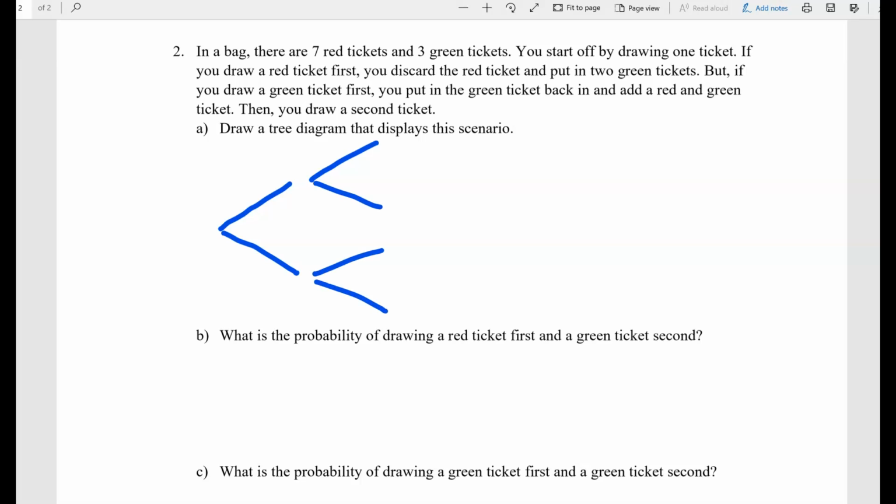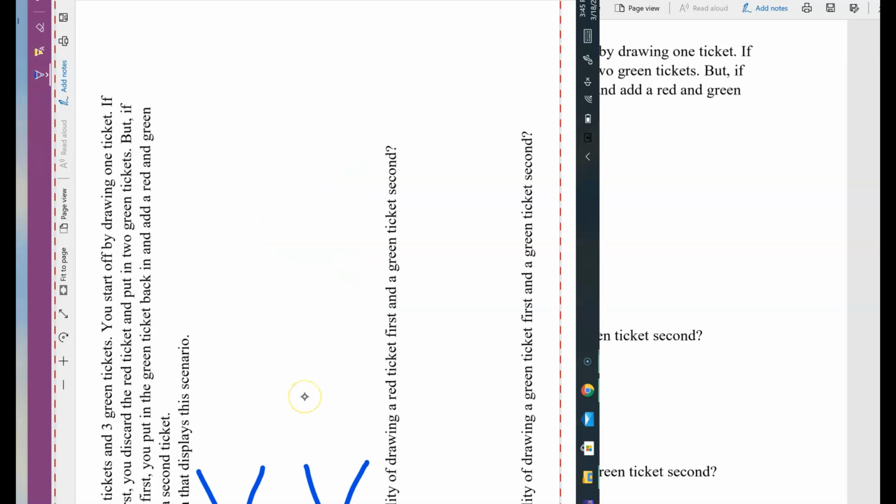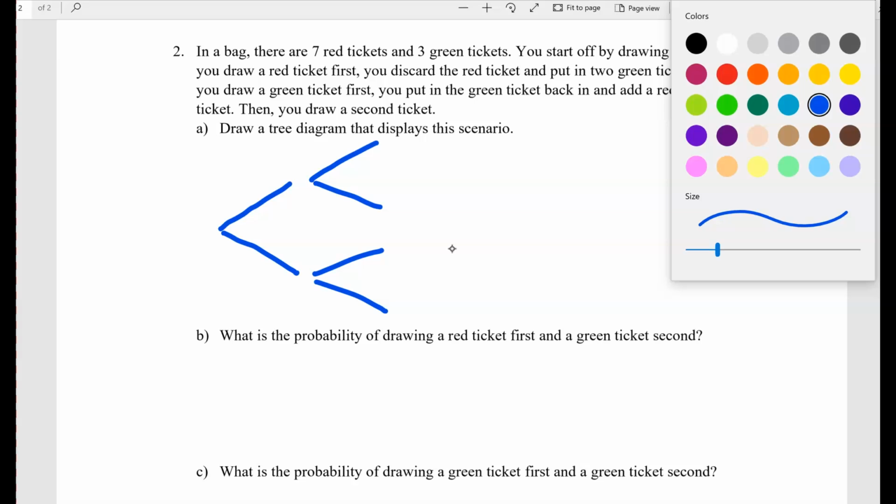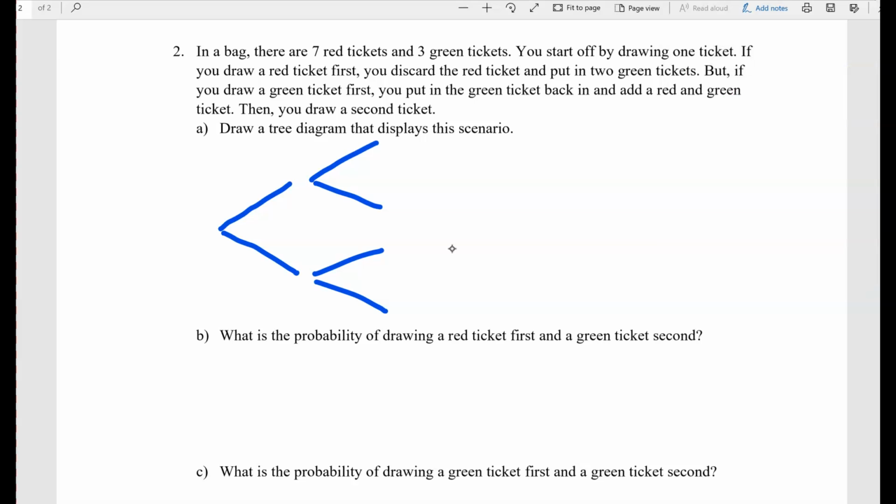So we're drawing 2 different things separately. We're first doing our first draw, and then we're doing our second draw. So the first time you draw, you get 1 ticket. What are the 2 possibilities for this ticket?